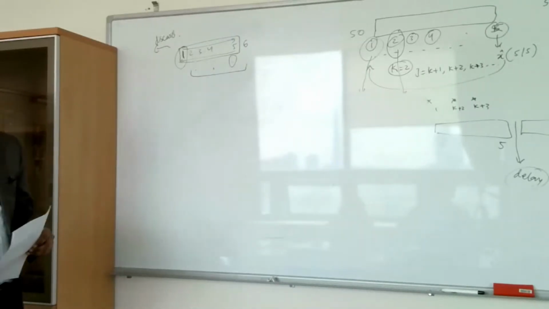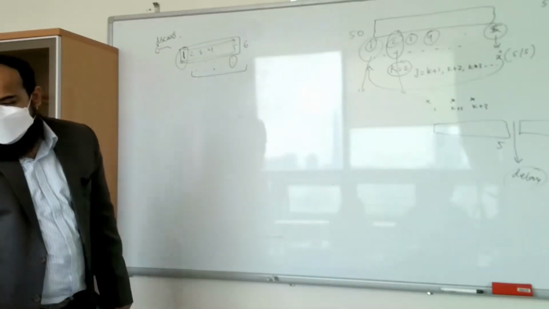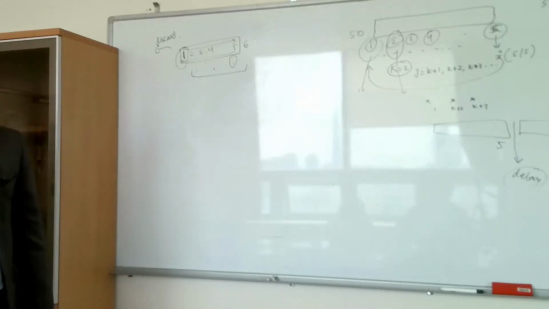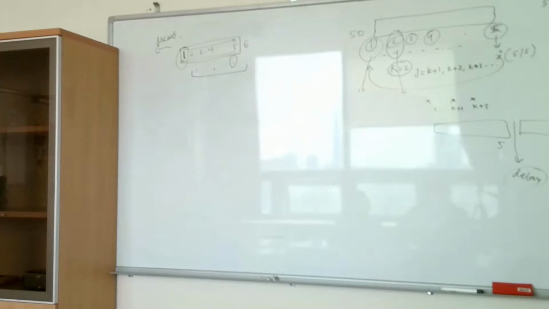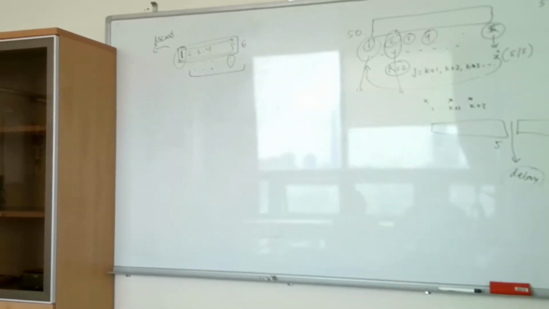This is already smoothed, so we can remove one and add another from here.